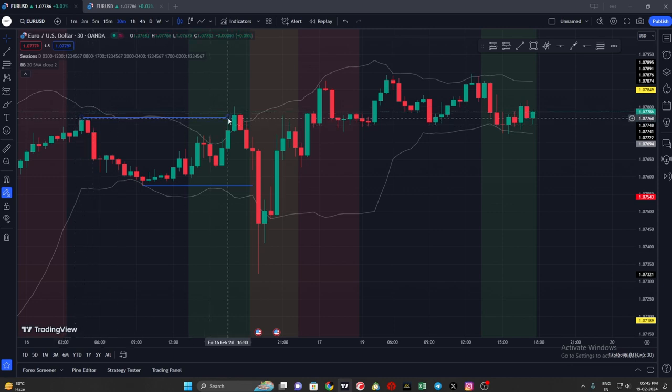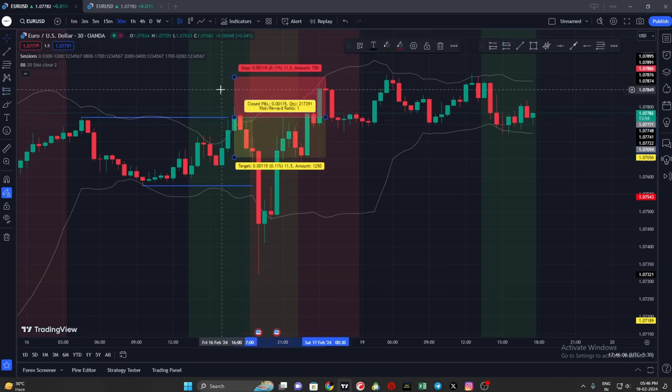Whenever price touches the buy side liquidity and is also touching the upper Bollinger Band, you can take the trade exactly from there. We will not wait for any confirmation. We will just take the trade and wait for our edge to play out.